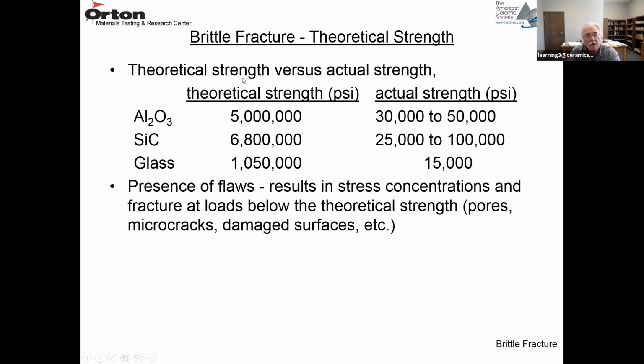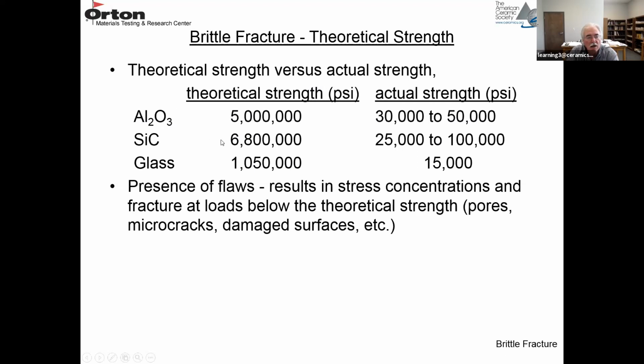So if you look at theoretical strength of a brittle material like a refractory or an advanced ceramic, and you compare it to the actual strength you measure in an experiment, it's quite different. So Al2O3 alumina has a theoretical strength of about 5 million psi, but when you measure it, you might get 30,000 to 50,000 psi, quite a bit lower.